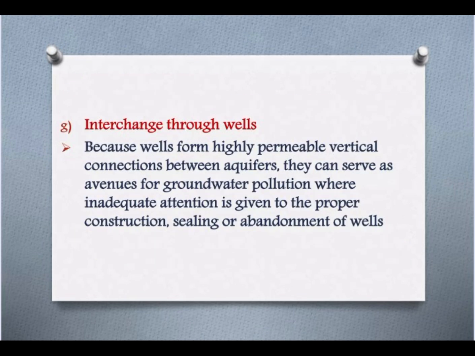Interchange through wells happens because wells form highly permeable vertical connections between aquifers. They can serve as avenues for groundwater pollution where inadequate attention is given to the proper construction, sealing, or abandonment of wells.